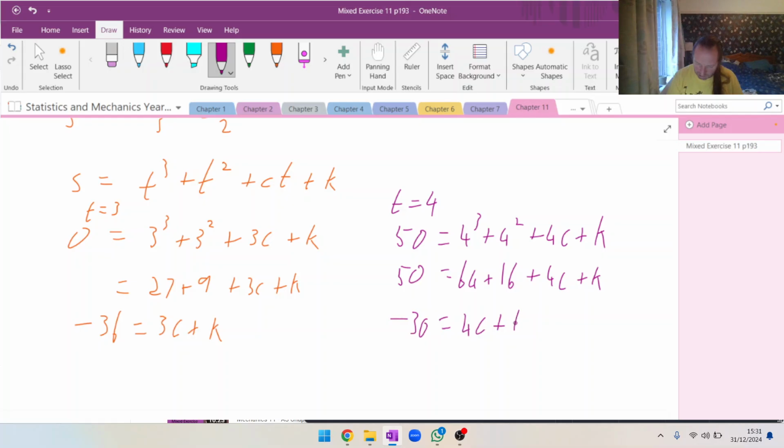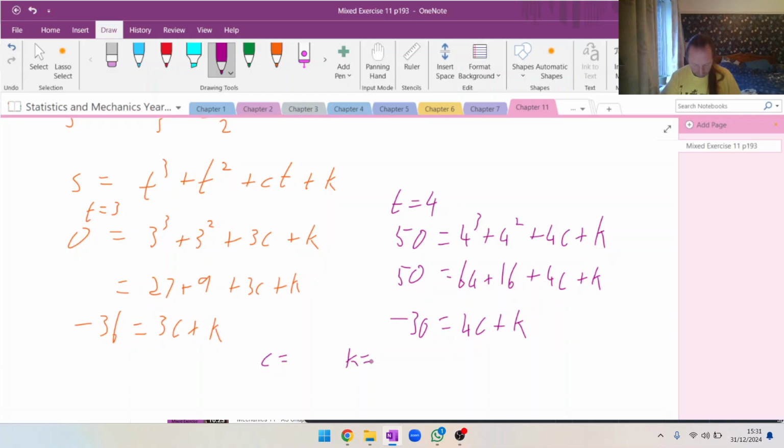Using a solver on the calculator, I can do simultaneous equations. Equations, simultaneous equations, number of unknowns 2.